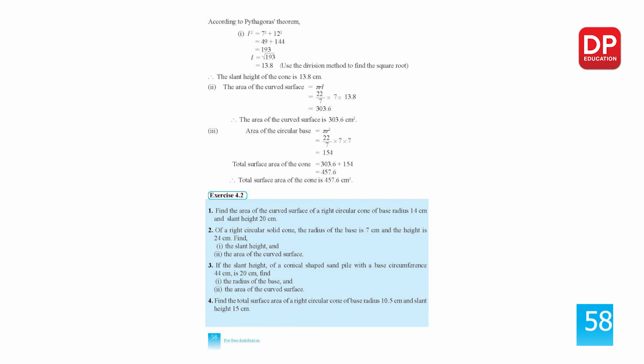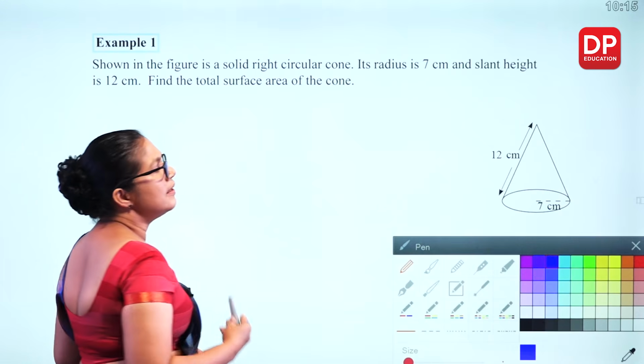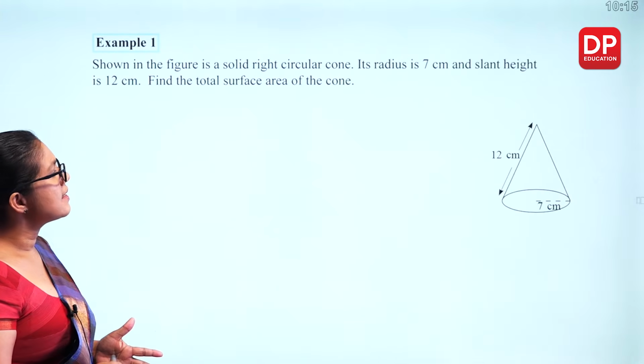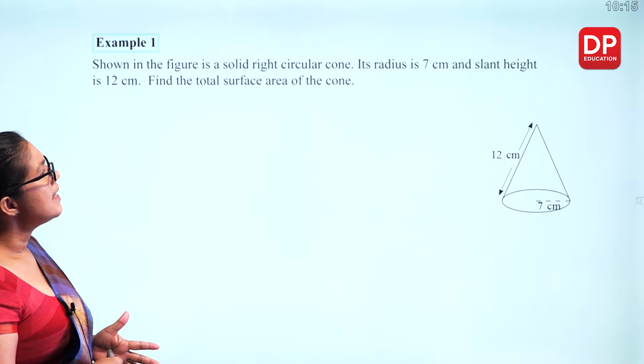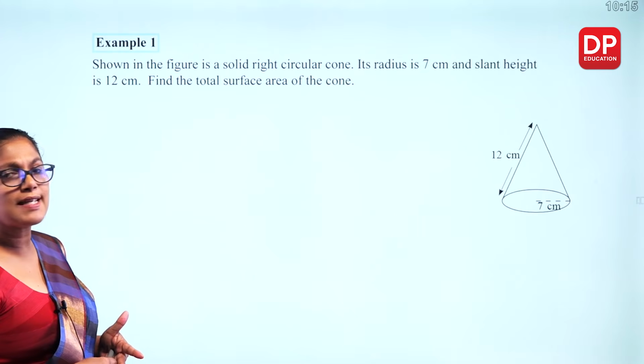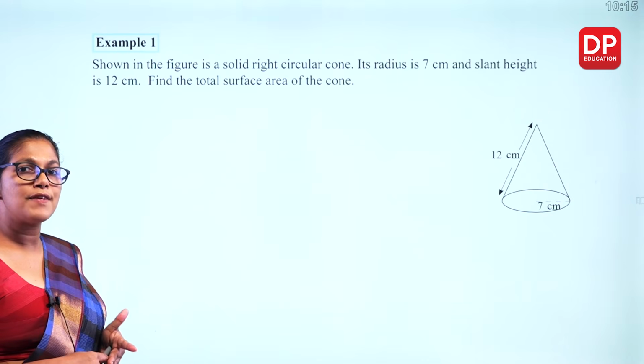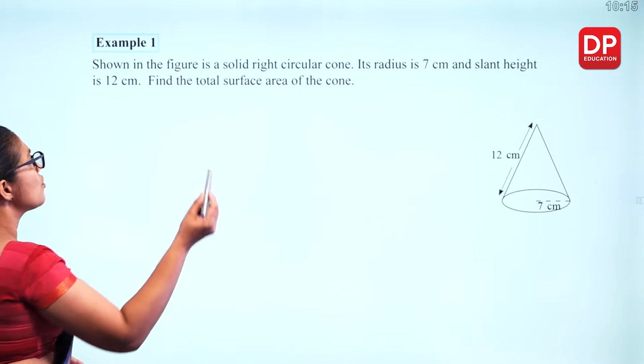Now we'll look at example 1 in your textbook. So you have given a cone. Here 12 is the slant length or slant height, and what's the other one? Radius is given 7. So you are asked to find out the total surface area of the cone. So what's the formula?